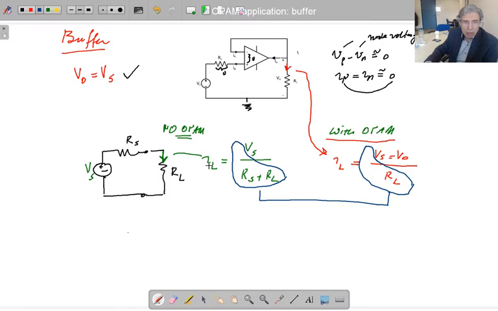So this current is smaller than this. So that means the IL that I have is smaller than this IL, let's say IL prime.